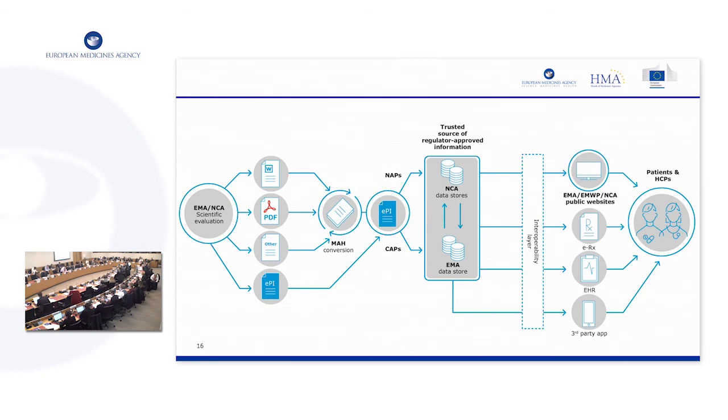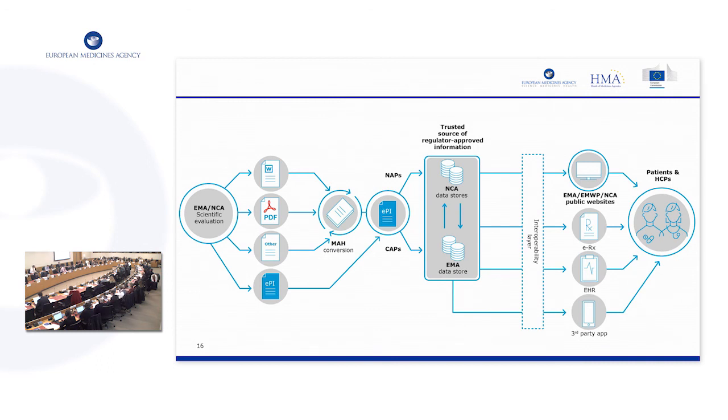That will be a private part of the portal, which is accessible only for the companies and the regulators. And then when it's finalized, it's already in the portal, but it will move from the secure part to the public part. So it's not about a data store that we create, it's about a portal that we create.